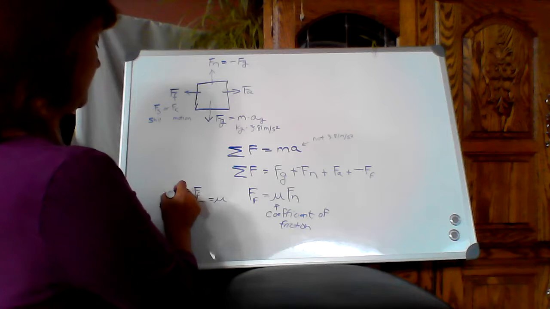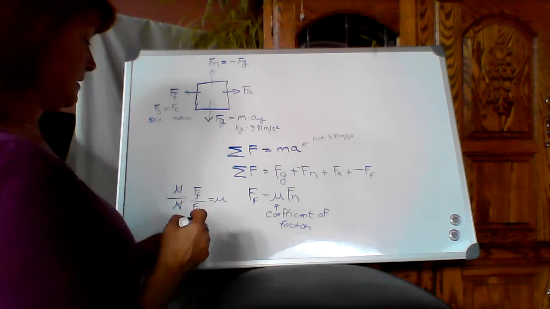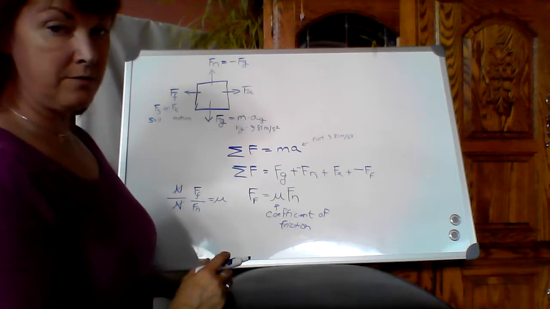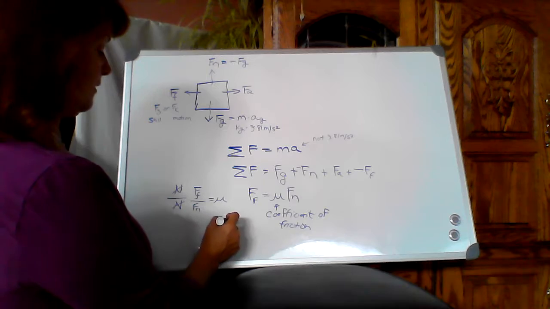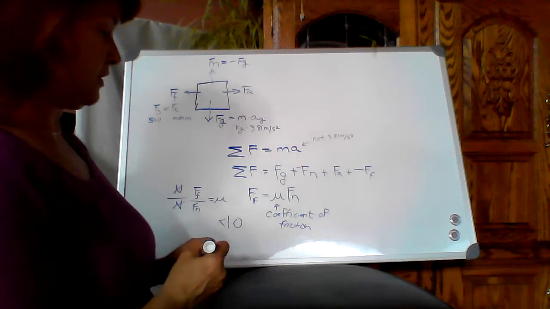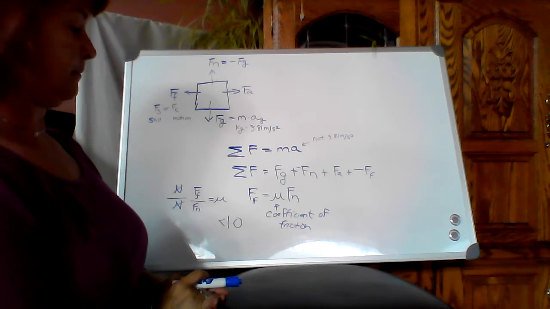So we can see that if we had newtons divided by newtons, the units would cancel out. So our mu has no units, and it's usually a number less than 1. And it deals with the two surfaces touching each other and creating friction between them.